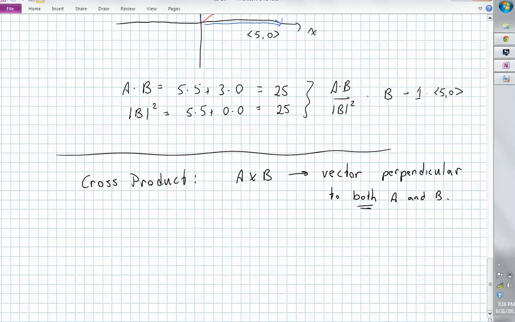Because you've got this one, and you got this one, and this one, and this one, and these guys down here. So if I take any two non-zero vectors, there's a whole bunch of vectors that are perpendicular to these guys simultaneously. One such vector is the vector that's produced by this guy, and I'll define it in a minute.